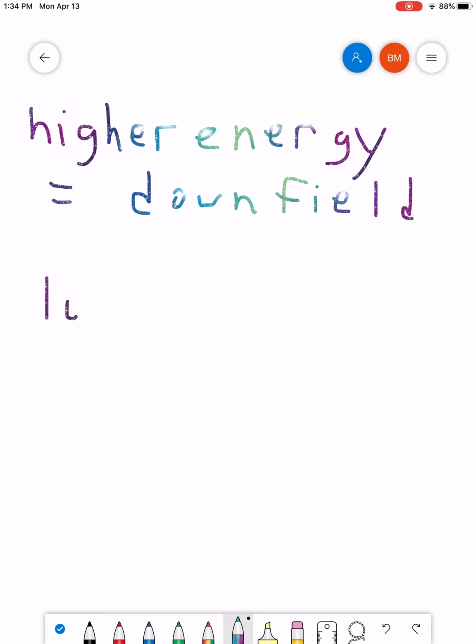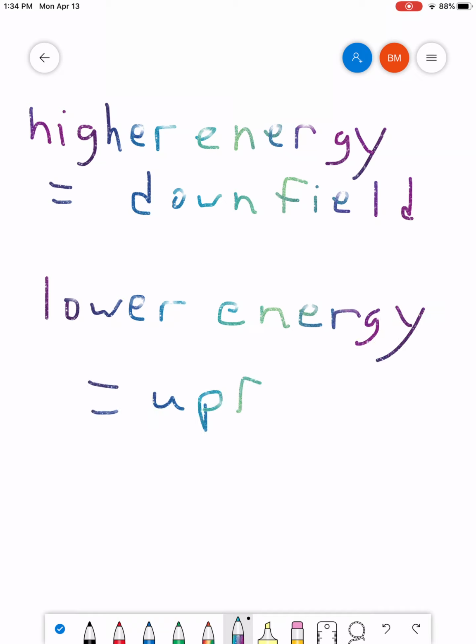The ones that require lower energy waves are further upfield. All right? So, that's how you can sort of recognize why something's upfield or downfield.